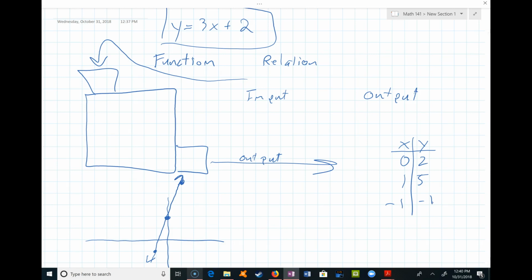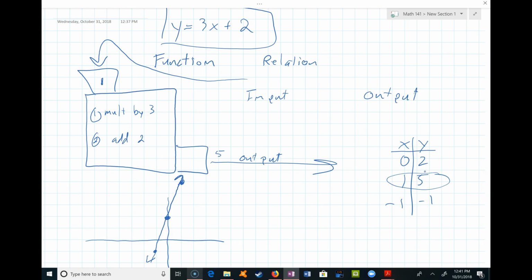This machine takes every number that you drop in and multiplies by 3 first, and then adds 2. That's what this machine does. This is the multiply by 3, add 2 machine. So if I drop a 1 in there, I multiply by 3 and get 3, add 2 to it, and a 5 comes out. And you can see that's that combination right there.